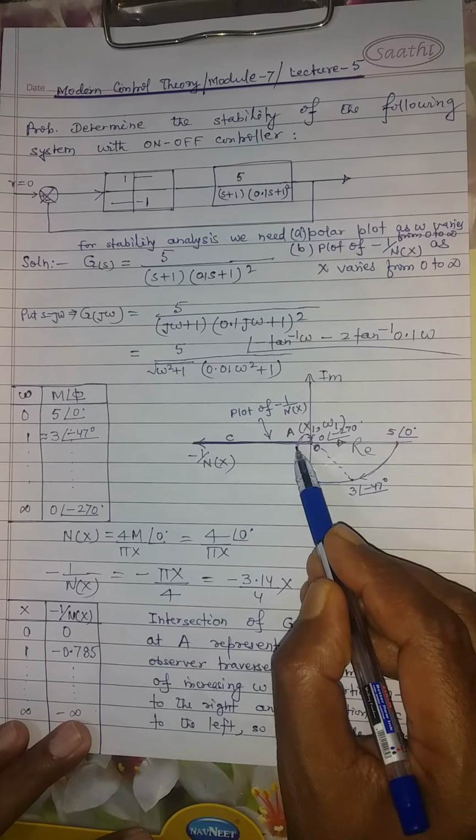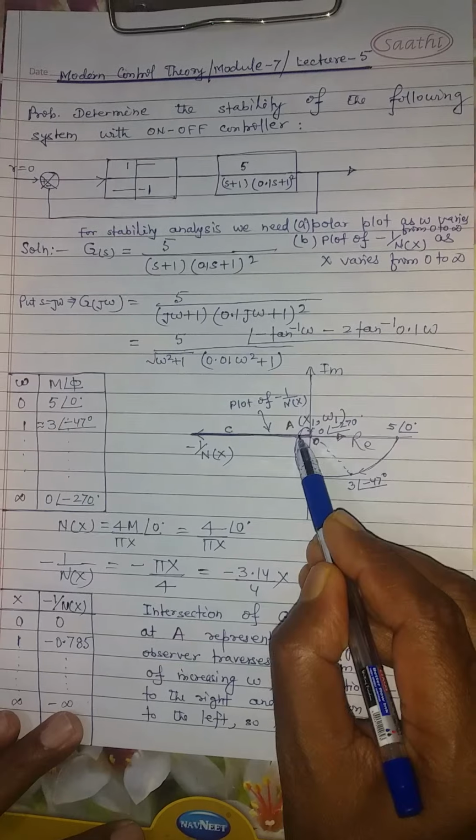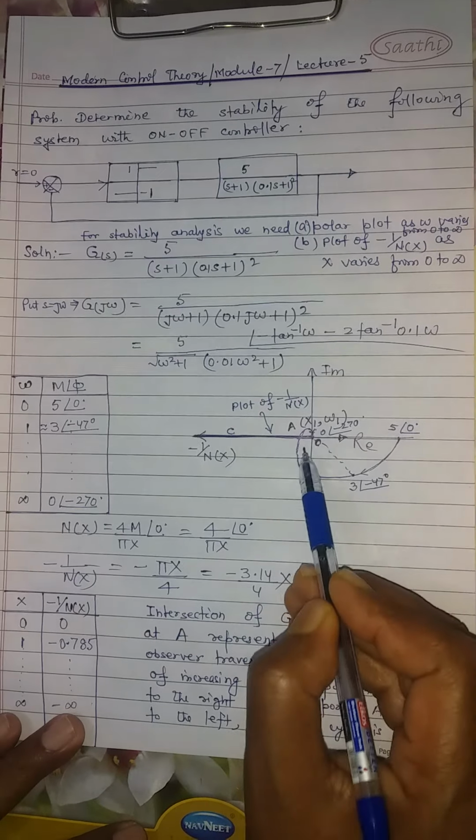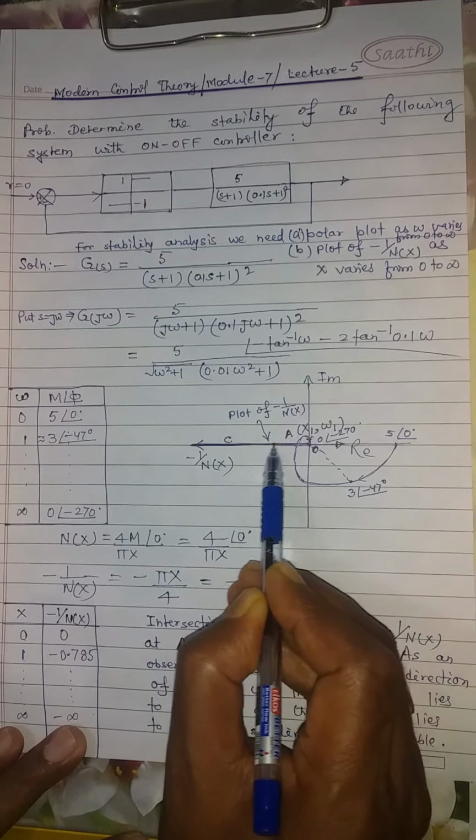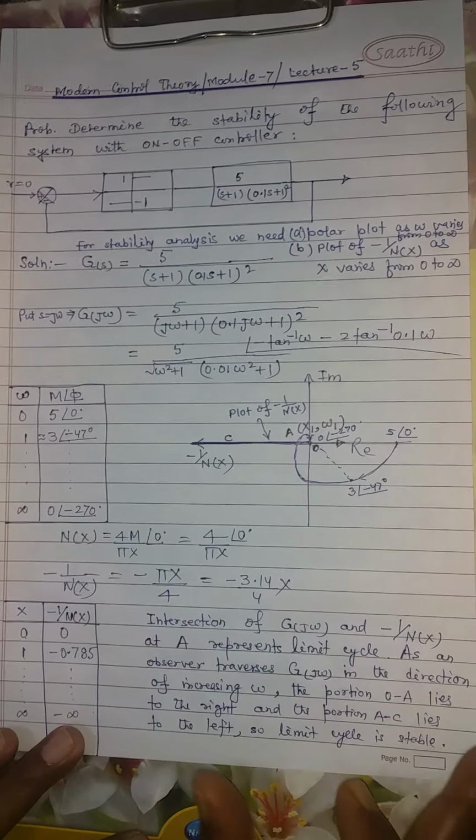So this means that the limit cycle at A is stable, and in this region the system is going to be unstable, and in this region the system is going to be stable.